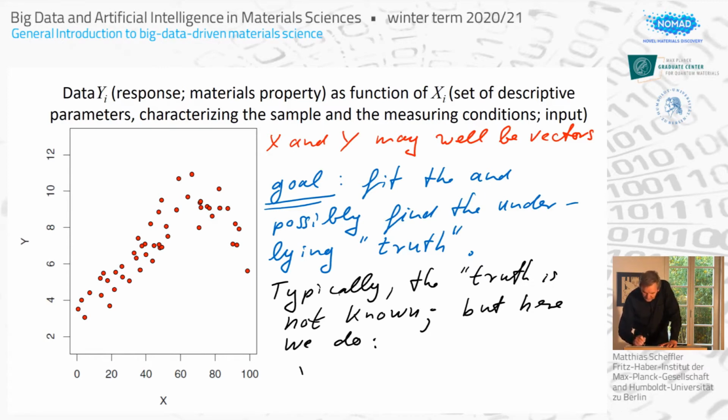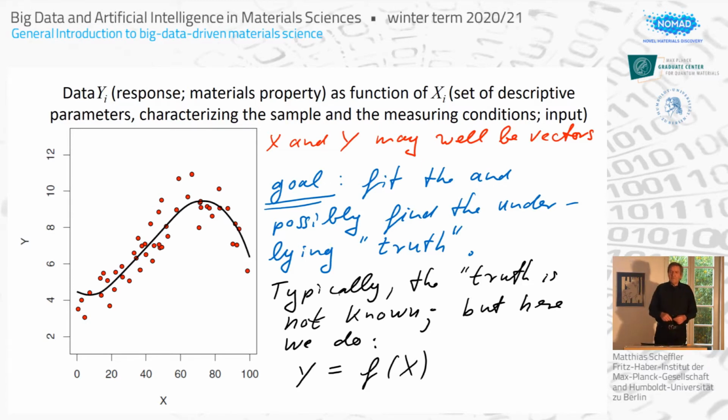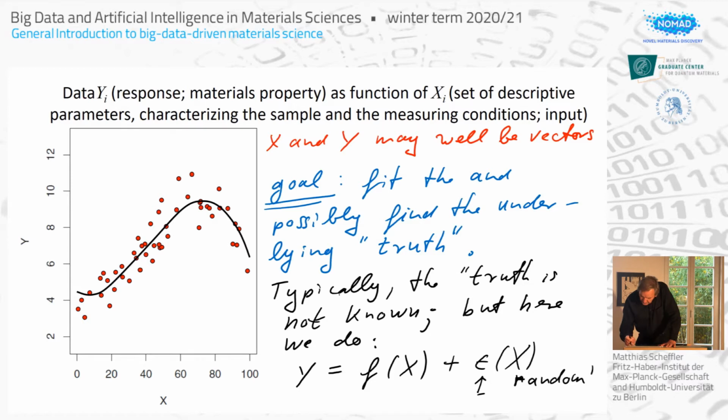In this case, the data are created. y is created as a function of x, which, let me just show this, is this black function here. So a smooth function plus some epsilon of x, where the epsilon is a random noise. So in principle, the noise term doesn't need to be random, but in this case it was.